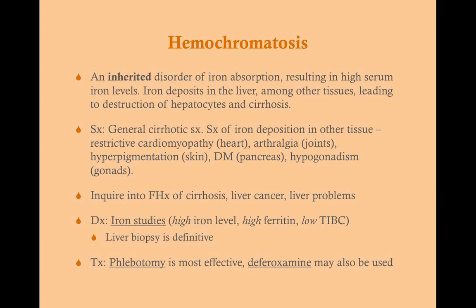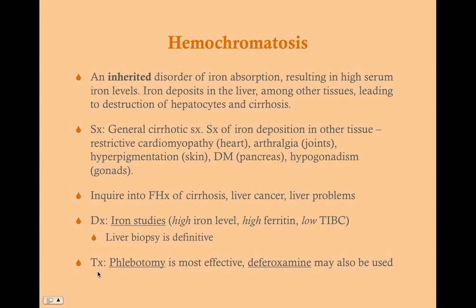So if you've got high iron levels, then you're going to have a low TIBC, and vice versa. So the TIBC means the capacity to bind more iron. So high iron level, high ferritin, and low TIBC. However, the definitive way to diagnose hemochromatosis is a liver biopsy.